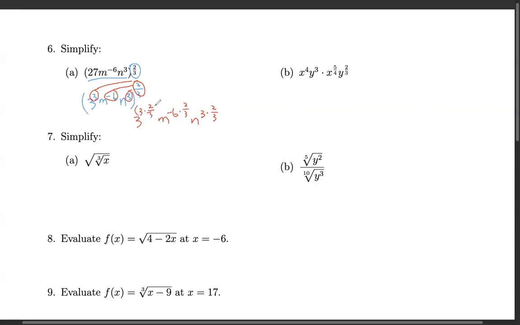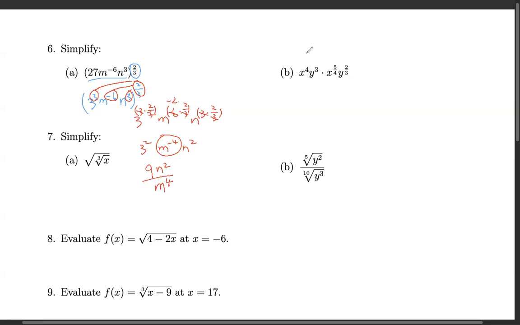Now I just simplify the exponents. So I have 3 raised by, well, this 3 cancels 1/3, so I have 3 squared. And -6 divided by 3 is -2, so m raised by -2 times 2 is -4. And n raised by 3 cancels 1/3, so n squared. 3 squared is 9. N squared is positive, but this m raised by -4 goes to the denominator with a positive exponent. So in the end, we have 9n squared divided by m raised by 4.